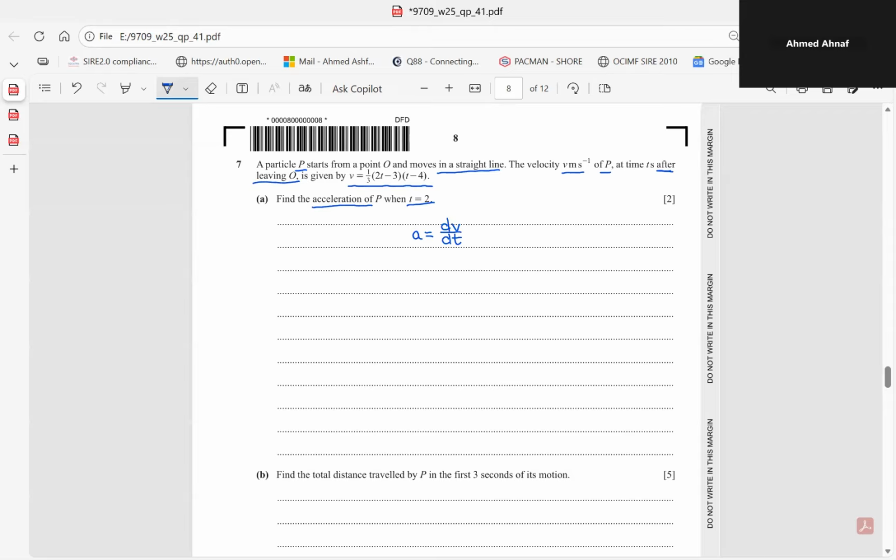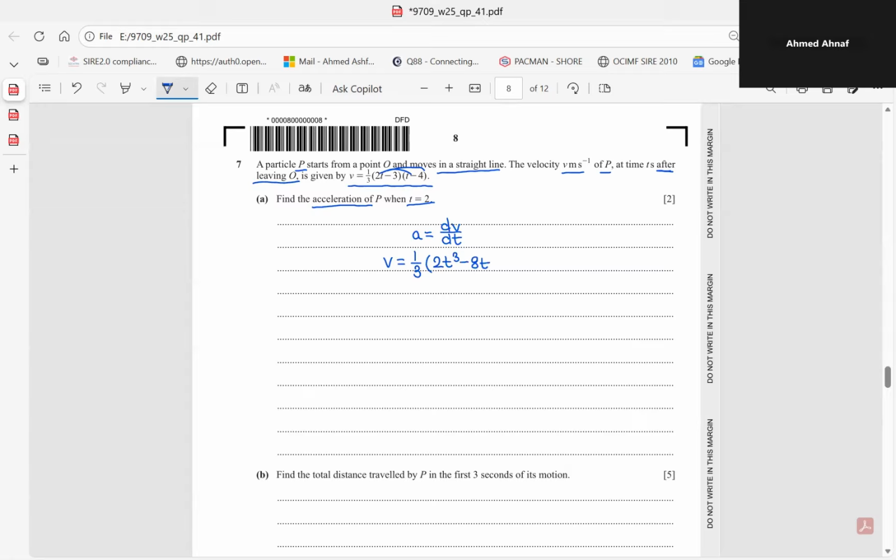Let's expand it. 2t times t is 2t cubed. 2t times minus 4 is minus 8t.